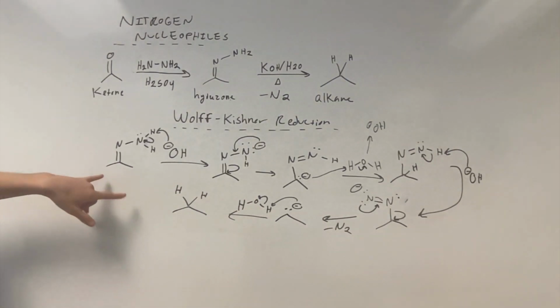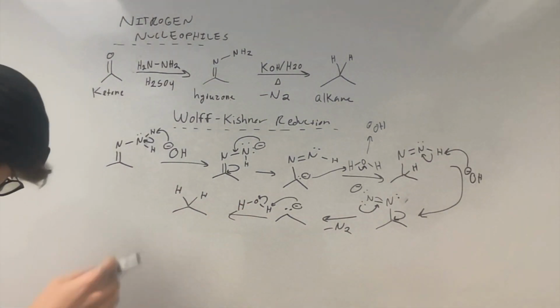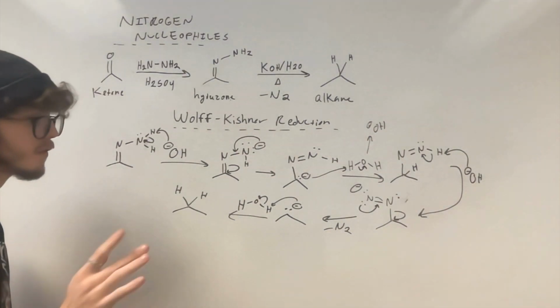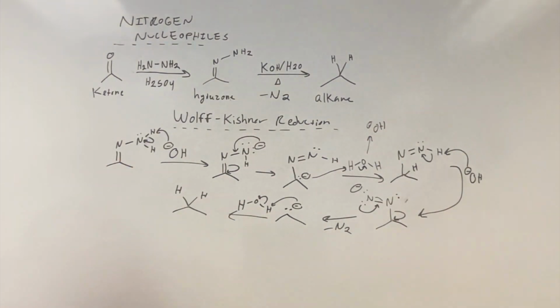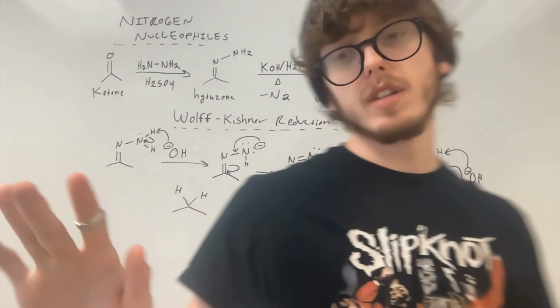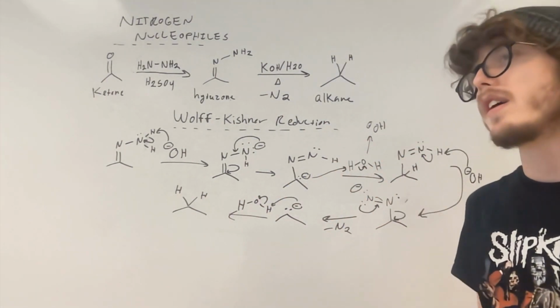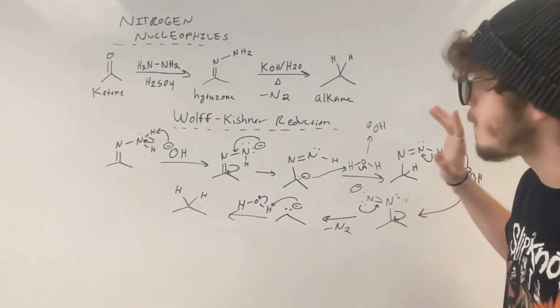So we went from hydrazone to alkane. That's the mechanism. Very synthetically useful. If you need to get rid of a ketone on a relatively simple molecule that won't be interfered with by any of these other chemistries, which, when you get to bigger molecules, is not so much the case. It's kind of tricky, but it's a very useful tool.